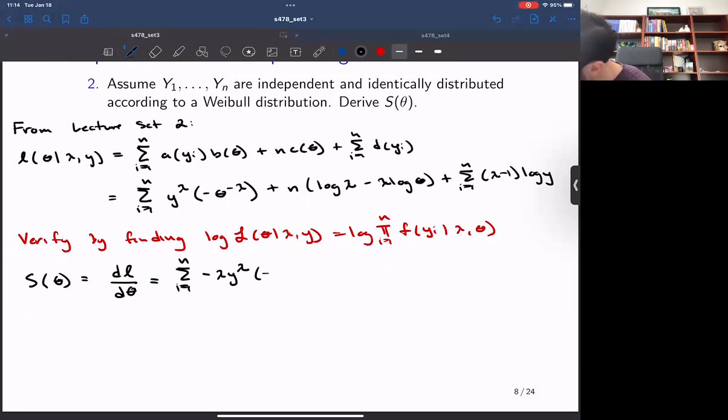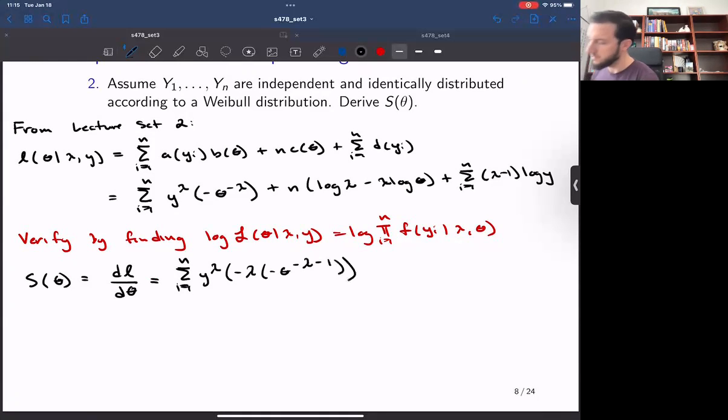Actually, sorry, let me just do it in a more straightforward way. We're going to have y to the lambda, then negative lambda multiplied by theta to the negative lambda minus 1. And then we can simplify this after.